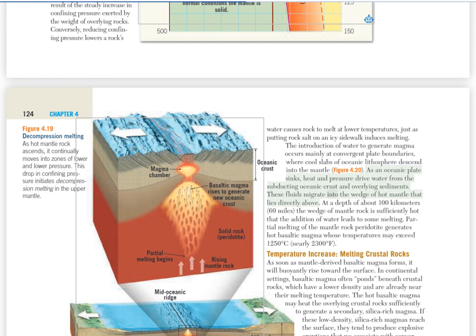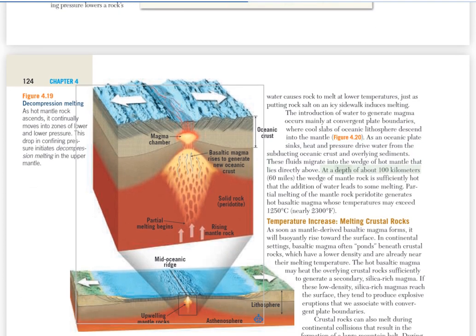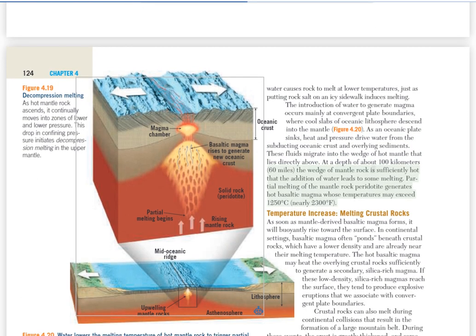These fluids migrate into the wedge of hot mantle that lies directly above, at a depth of about 100 kilometers. The wedge of mantle rock is sufficiently hot that the addition of water leads to some melting. Partial melting of the mantle rock peridotite generates hot basaltic magma whose temperatures may exceed 1,250 degrees Celsius.